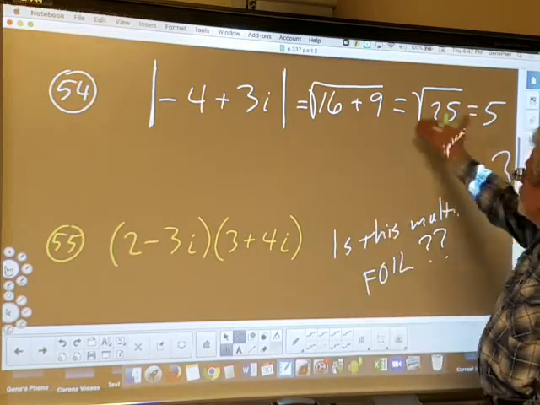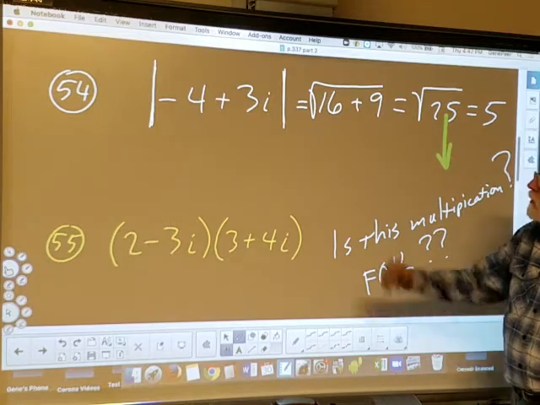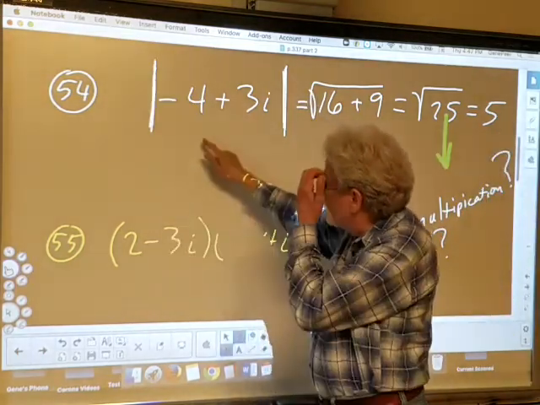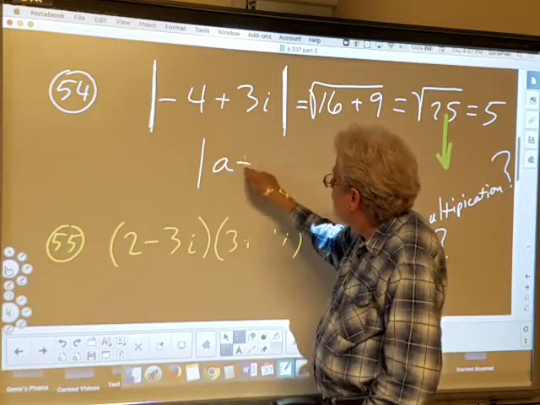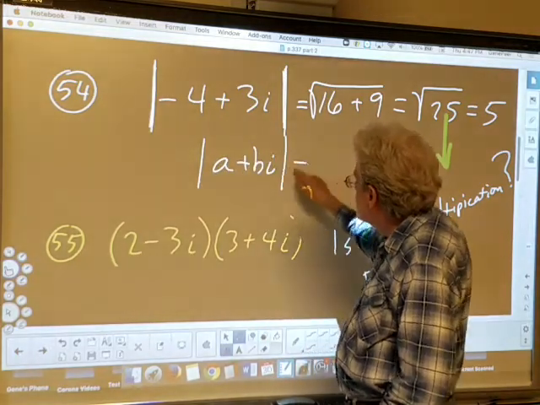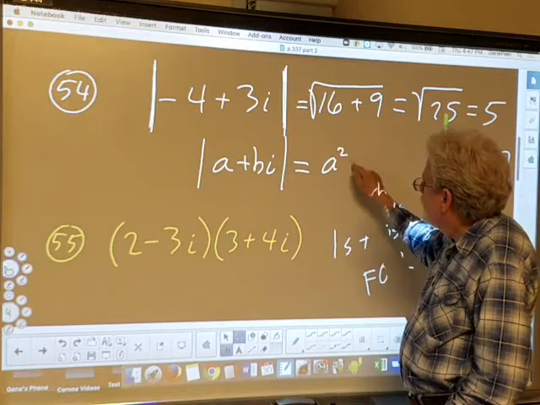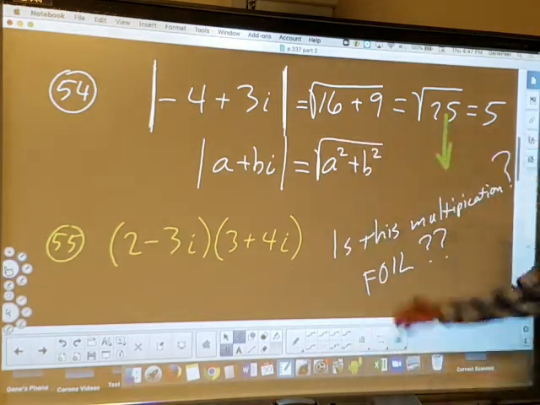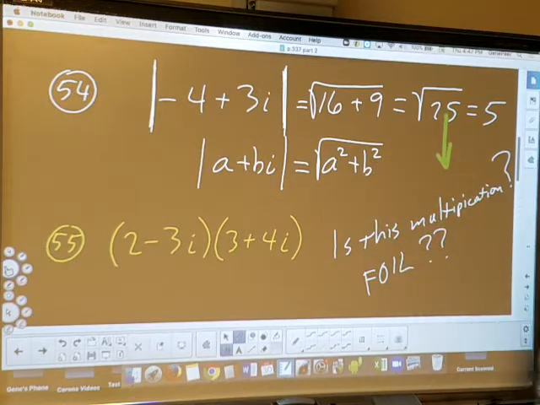Or you can use the Pythagorean theorem. Or you can use the shortcut formula for absolute value of a plus bi, which is the square root of a squared plus b squared. Take the square root. That's your formula. If you like formulas, there you go.